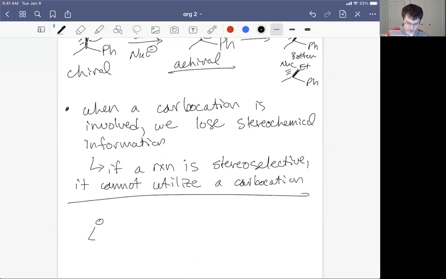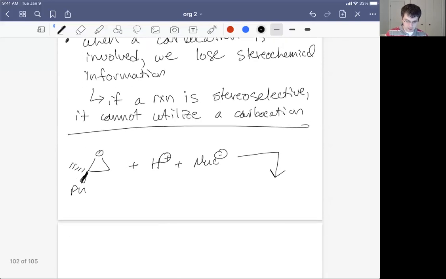Well, it turns out that if we add some chirality to an epoxide, let's change one of those methyl groups for a phenyl group, a benzene ring, which we label as Ph, and then we add some H plus and some nucleophile that I'm not going to worry about right now, we get only a single outcome of a product.